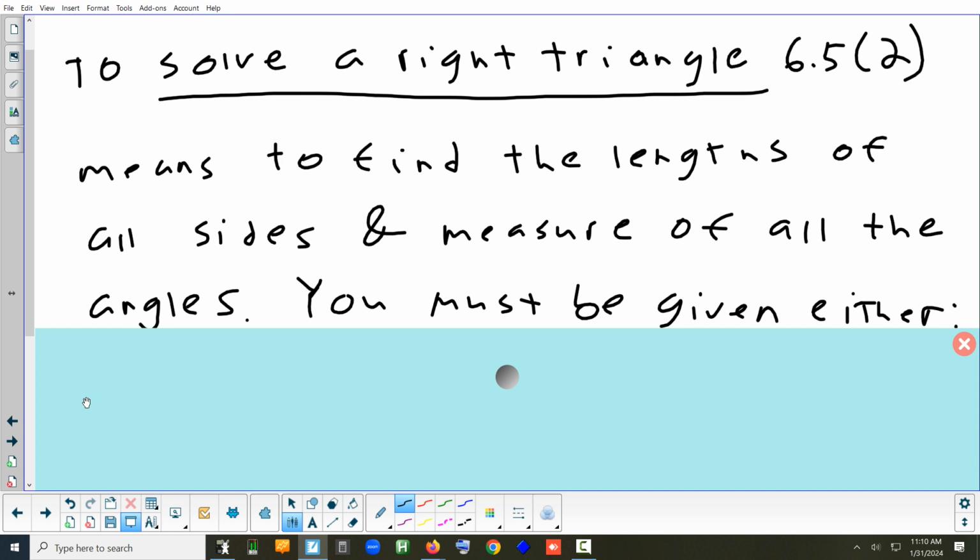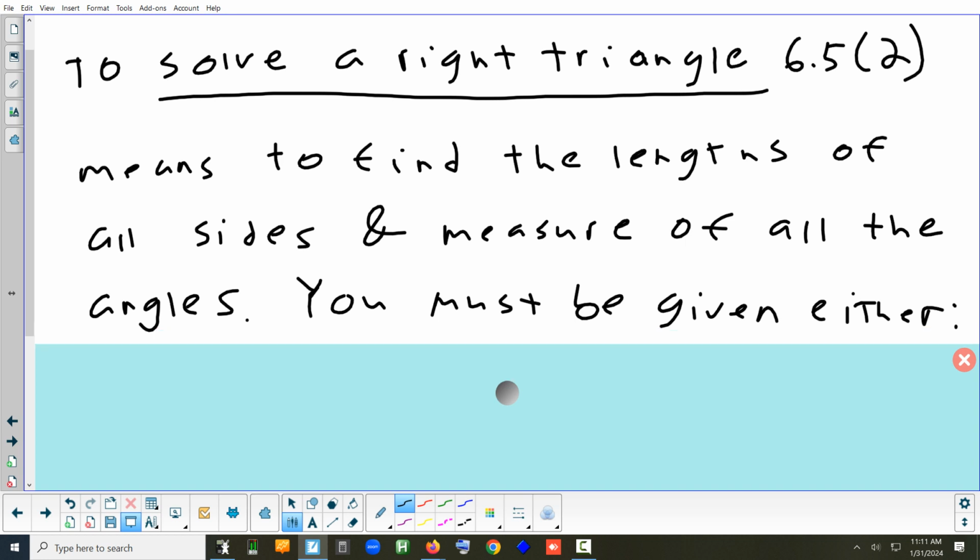But what kind of triangles are we working with, like this whole week in this section? Right triangles? We're working with right triangles, so we already know one thing. We know one angle is a 90. In addition to knowing that you have a 90-degree angle, I have to give you two other pieces of information for you to be able to solve the problem.